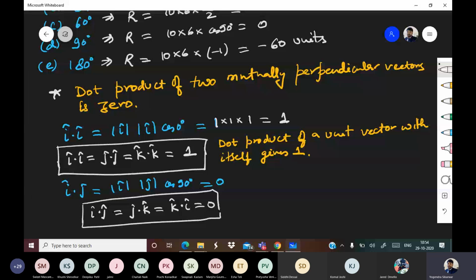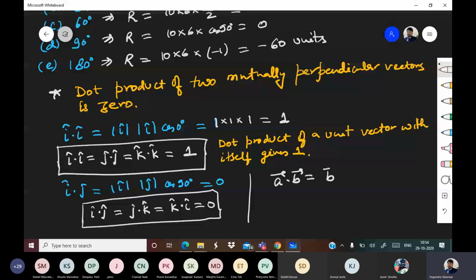Apart from this, a vector dot b vector is equal to b vector dot a vector.